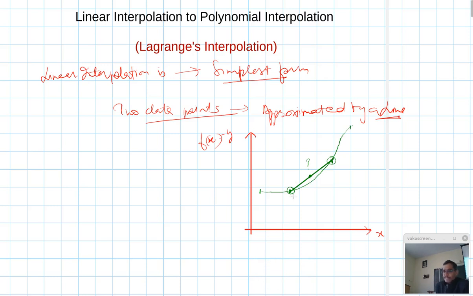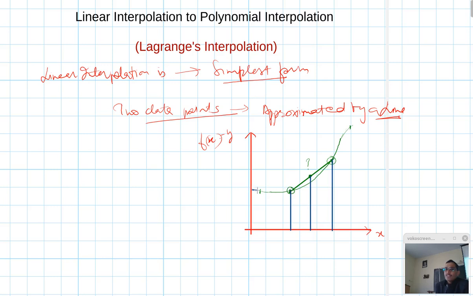So let us draw a perpendicular from here to here, and these are the two given data points, and this is some unknown point where I am interested to find out the value.